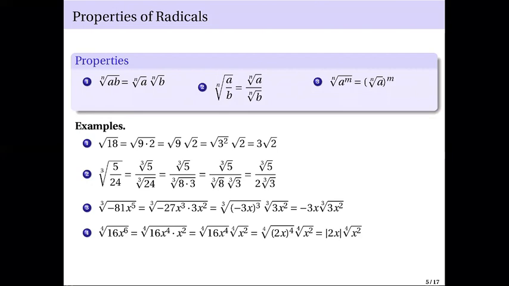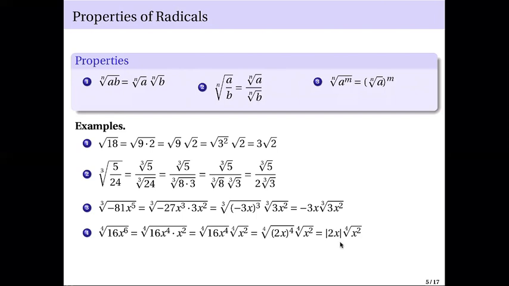Okay? So that is why when we have our last expression, we need the absolute value. Okay? Because your x can be negative, but you are taking the fourth root. If x were negative, you have this absolute value, it will become positive. The 2x becomes positive.